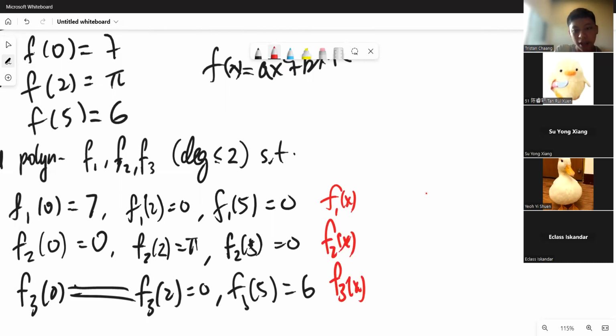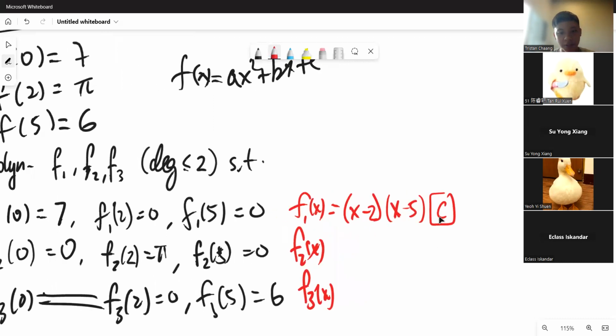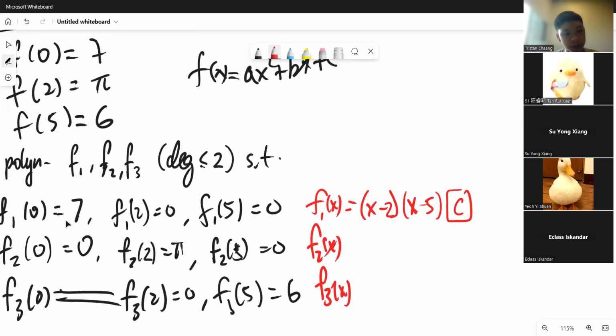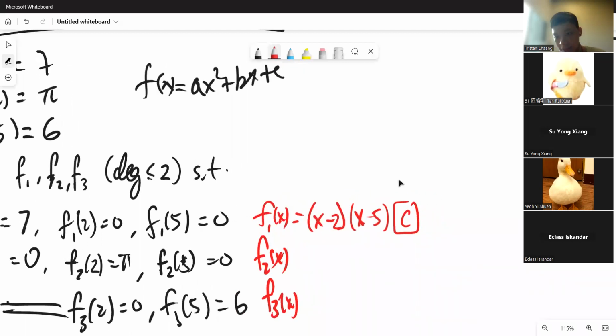That means f1(x) must be (x minus 2) times (x minus 5) times something else. And since it's degree at most 2, that means it's a constant. So what should this constant be if f1(0) were to be 7? 7/10. Let me check. Yes, exactly, 7/10.